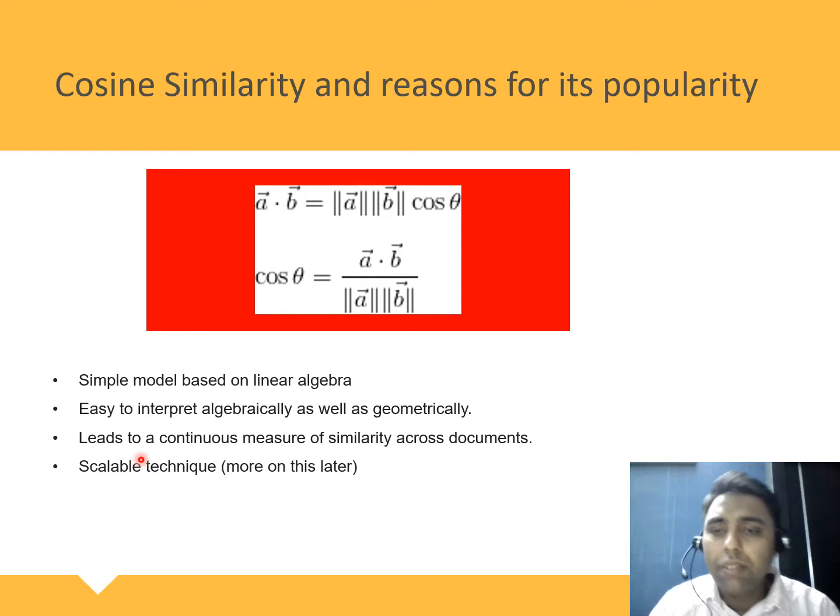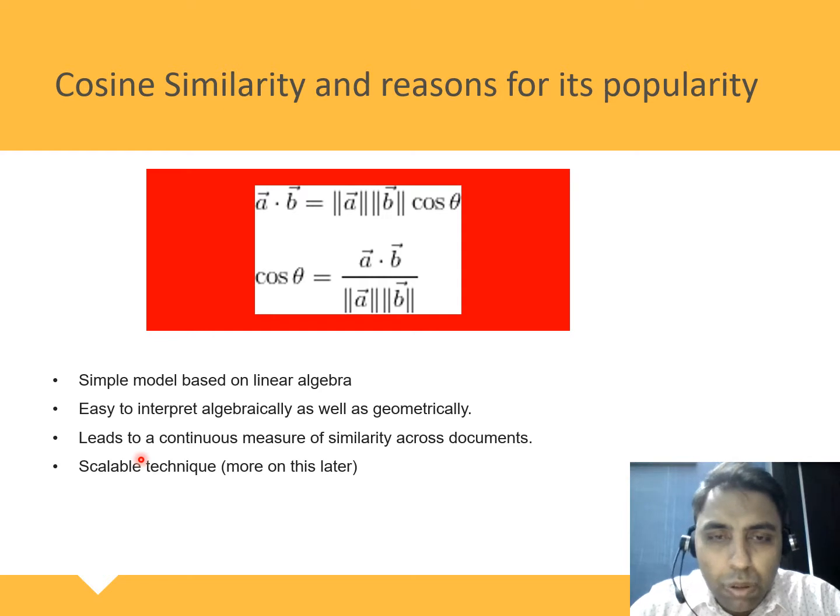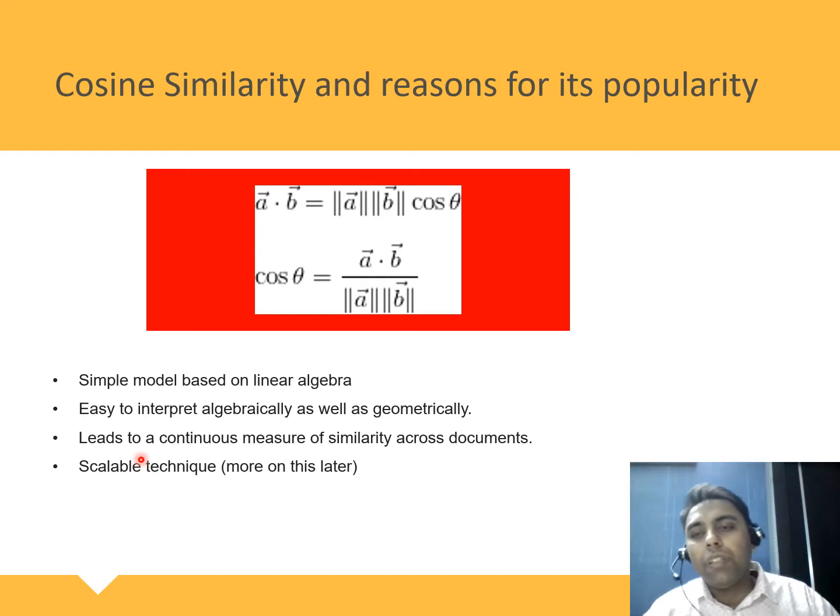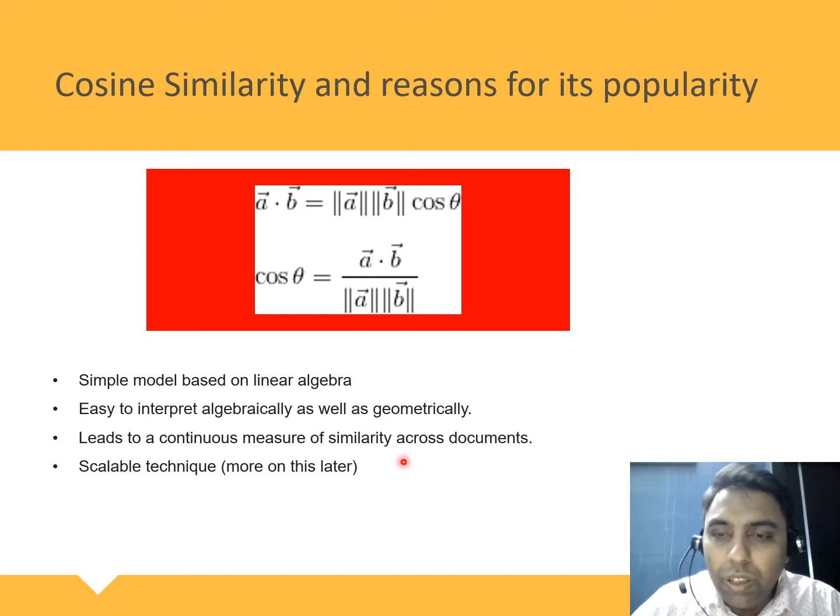So cos theta is bounded between -1 and +1, and it gives you a bounded and continuous measure of similarity, very similar to what the correlation coefficient gives us, but in a completely different context. And as a method for calculating similarity, it's a very scalable technique, and we'll see later how and why this is scalable.